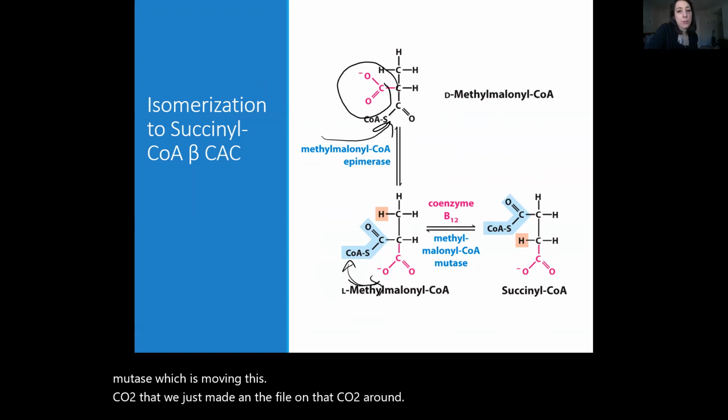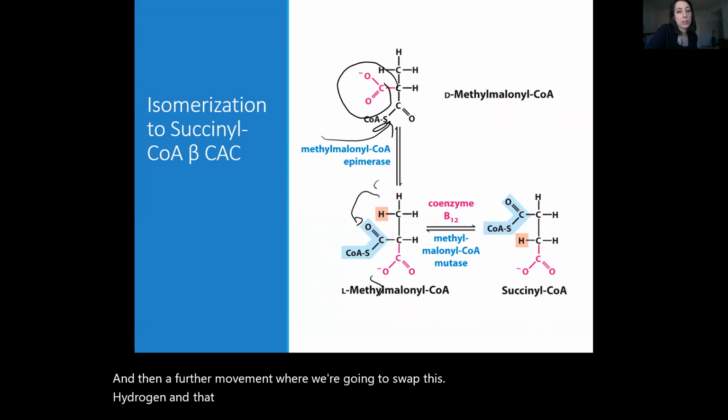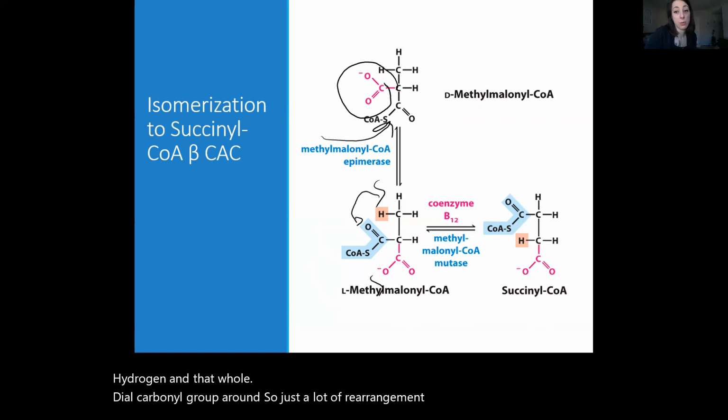And then a further movement where we're going to swap this hydrogen and that whole thiol carbonyl group around. So just a lot of rearrangement to then make succinyl CoA.